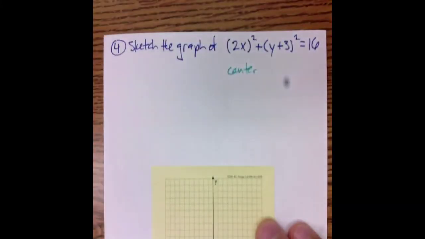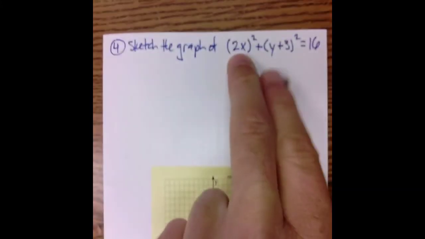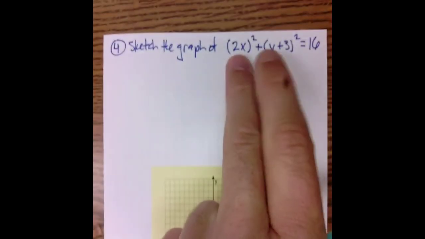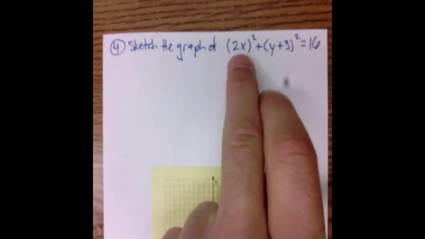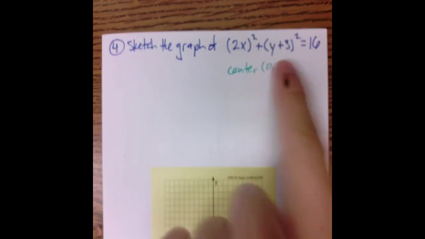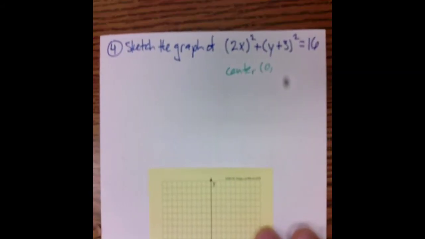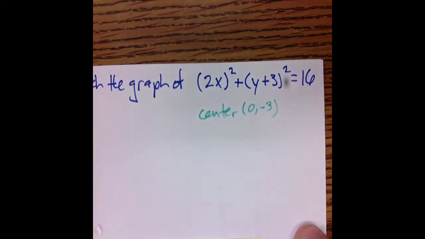Now remember, the center essentially occurs at the x and y values that make whatever's in parentheses equal 0. Here we haven't added or subtracted anything, so the x-coordinate of the center is still 0, I think, and the y has been shifted though, right? So it's y plus 3, which means the y-coordinate of the center is at negative 3.